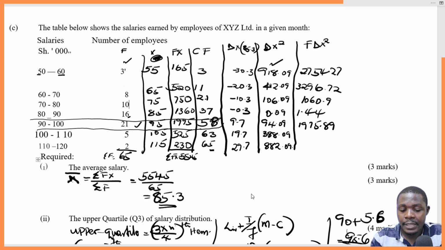Then 5 multiplied by 388.09 gives 1940.45. Then 2 multiplied by 882.09 gives 1764.18.